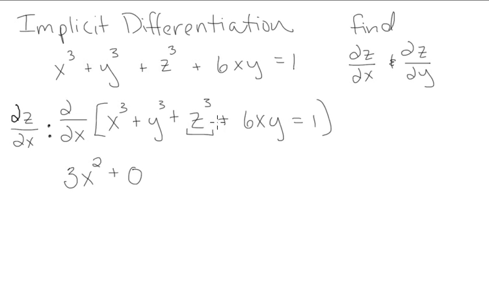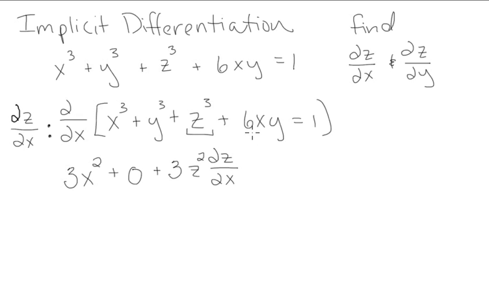Z, however, is an implicit function of x. So I'm going to use the chain rule. I get 3z squared times the derivative of z with respect to x. So that's just an application of the chain rule.